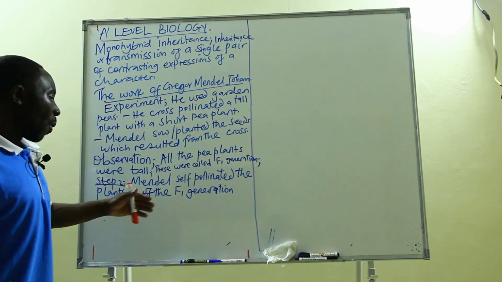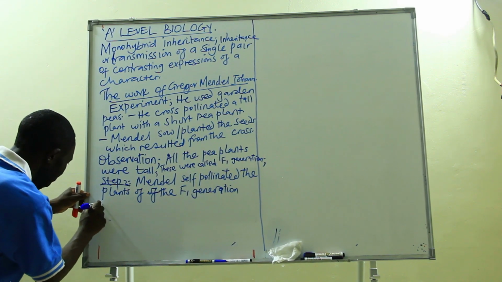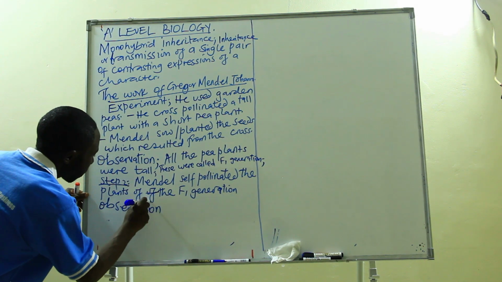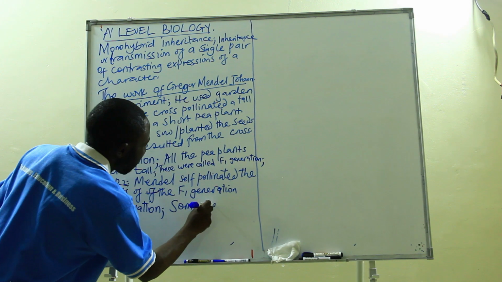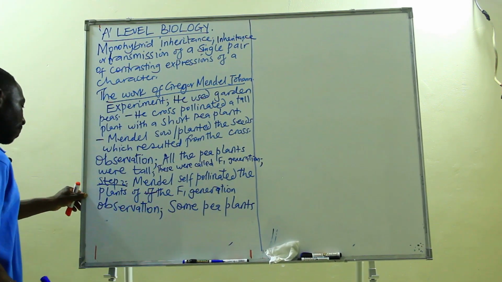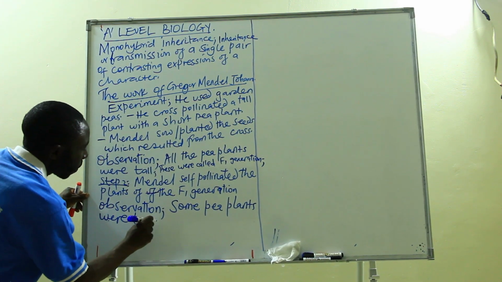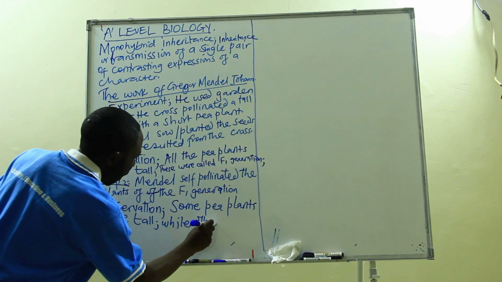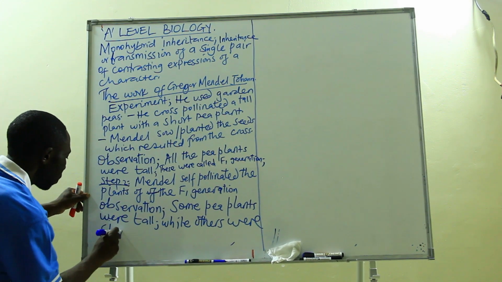And so what happened here? Observation: some pea plants were tall, while others were short.